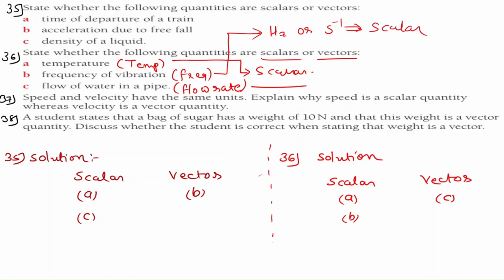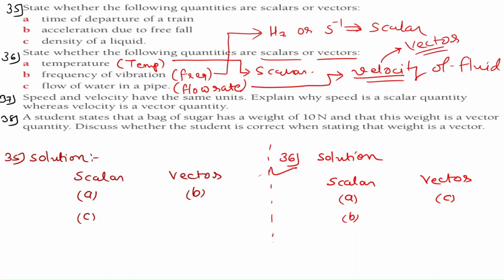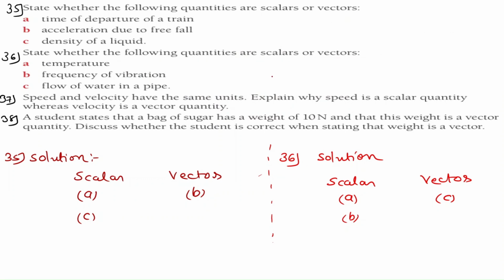Now, the flow rate, which is part of fluid mechanics, we will consider as the velocity of the fluid. We know velocity is a vector, so it is a vector quantity. That's the solution to 36. Now, question number 37.